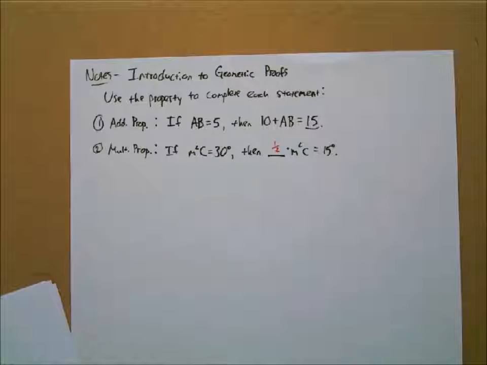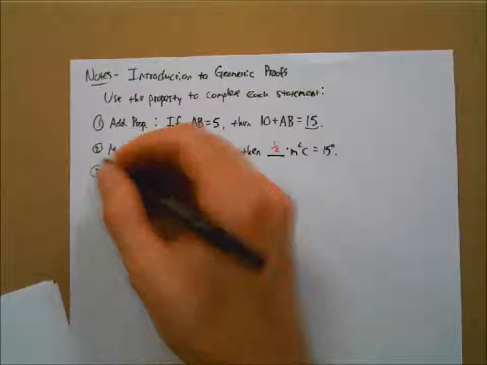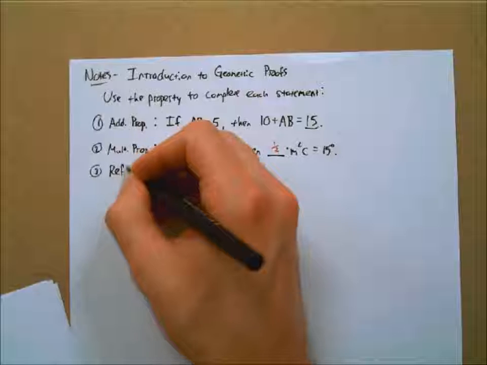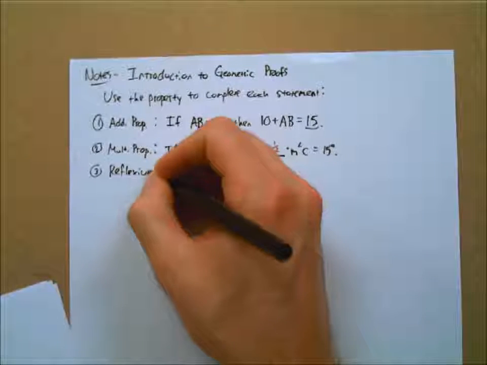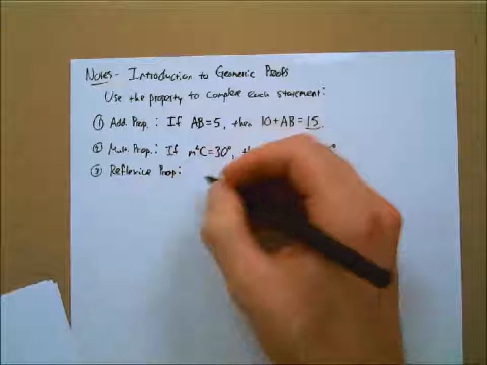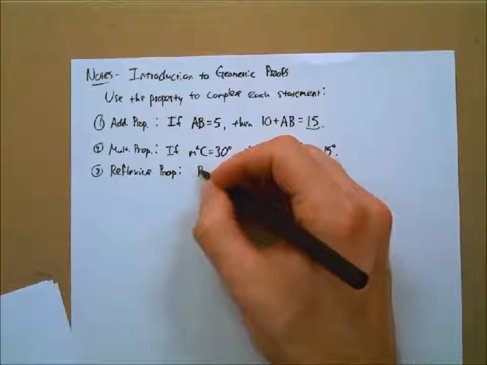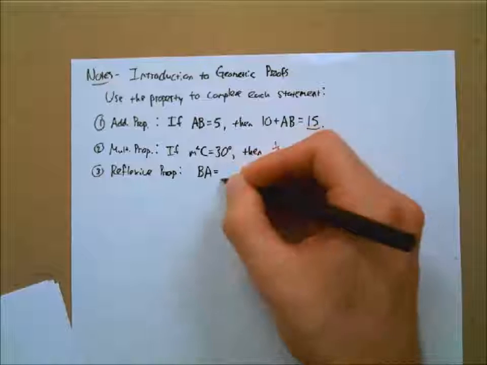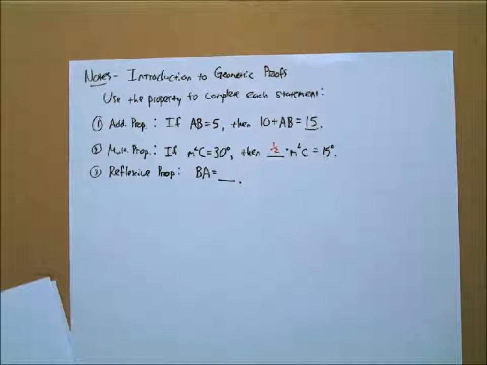All right, let's try another one of these properties, again using some geometry stuff. Let's use the reflexive property. Okay, here we go. BA equals blank.